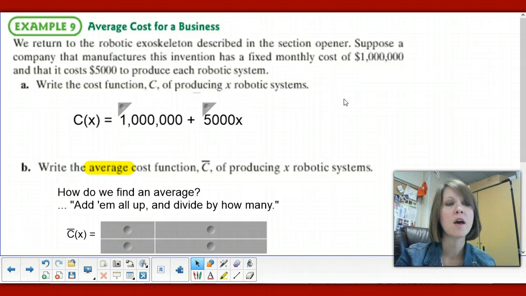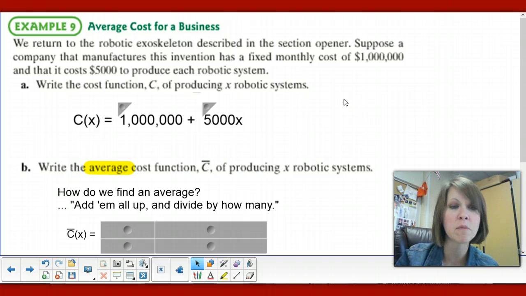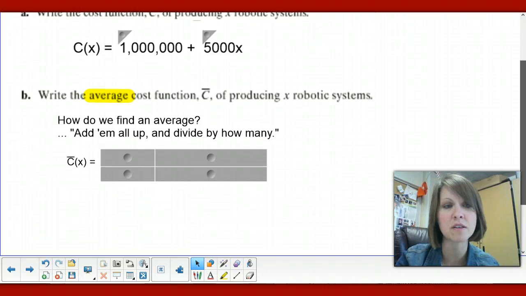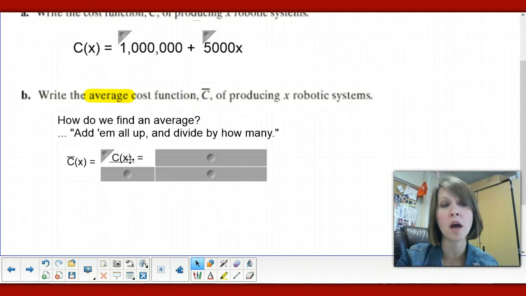Write the average cost function is part B. And how do we find an average? I hear from you guys we're going to add them all up and divide by however many we have. And that's true, but let's think about that in terms of this. The adding them all up, that was our C of x that we found in part A. Dividing by how many we have, that is our x, the number of robotic systems that we are producing.